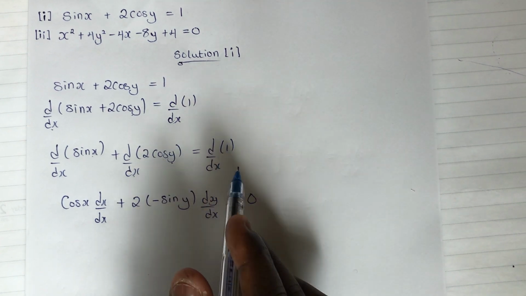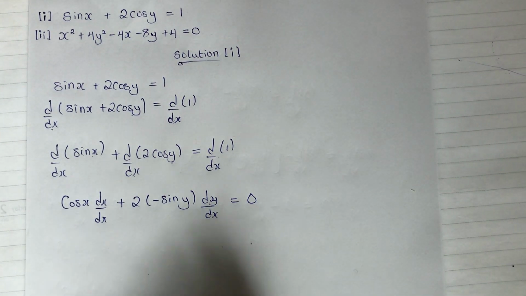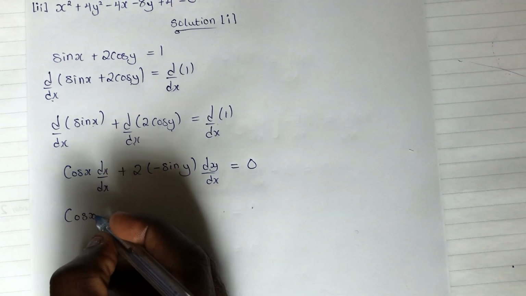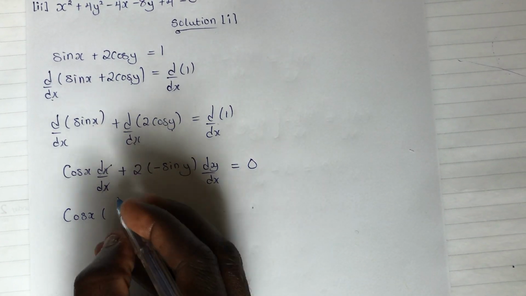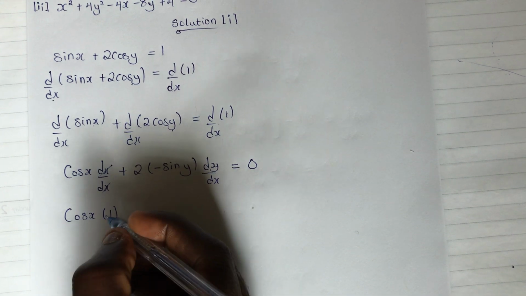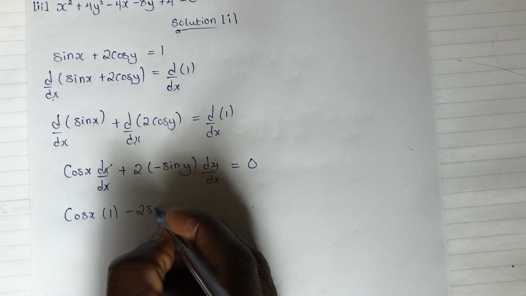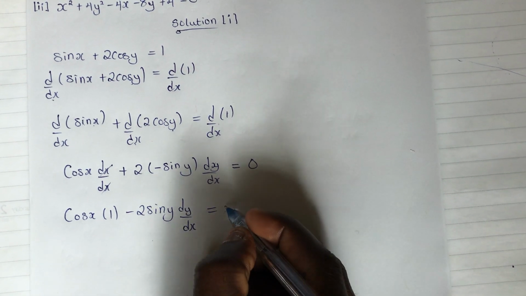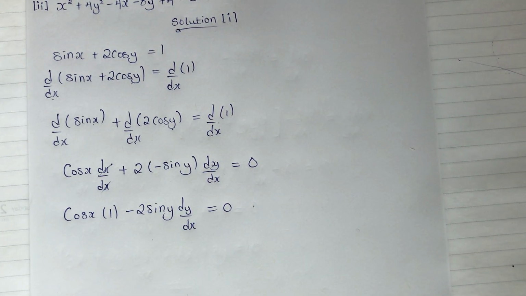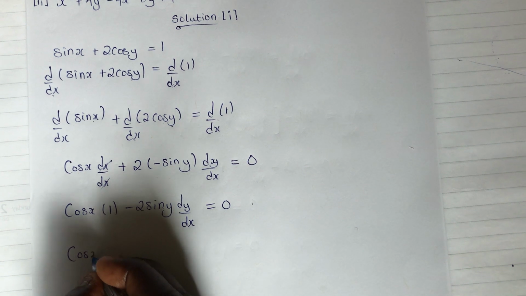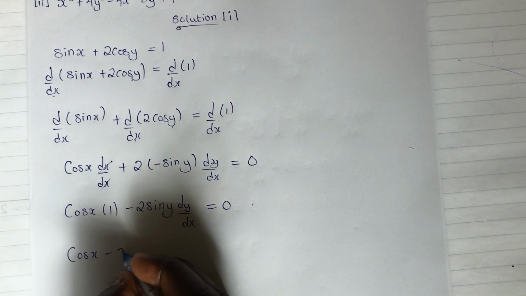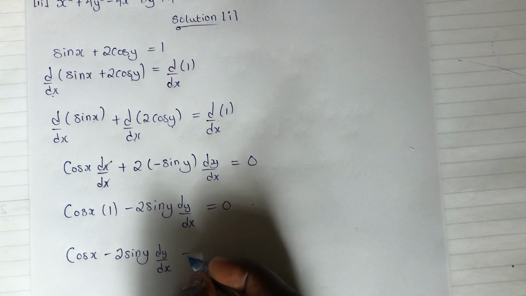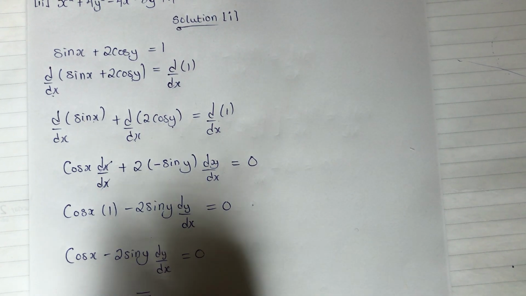So when you differentiate a constant, you get what? 0. So now I can say this gives me cos x, dx/dx will take care of itself, times 1, minus 2 sin y dy/dx equals 0. So the result is cos x minus 2 sin y dy/dx equals 0. This is my final answer.